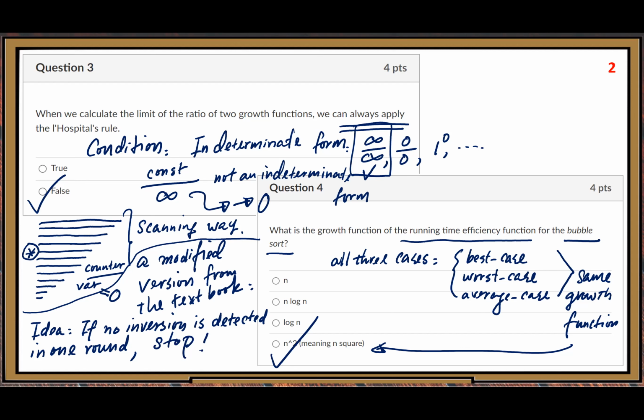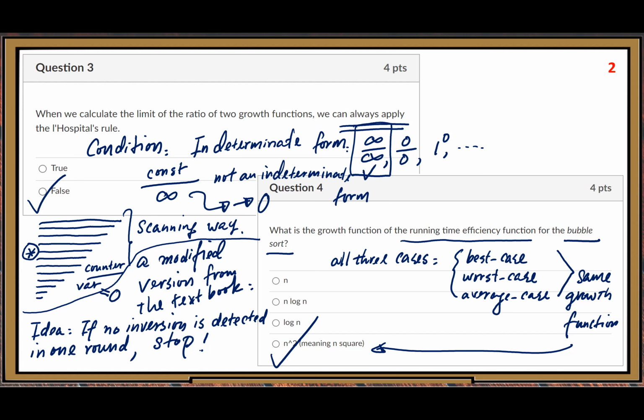Because if at any intermediate scan there is no inversion, that means there is no inversion anymore, so you already have the array sorted. Why do the remaining unnecessary scanning?